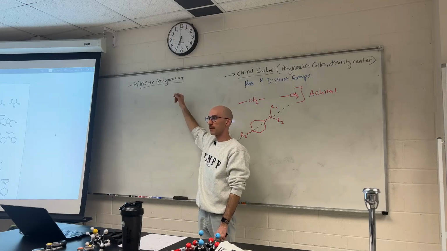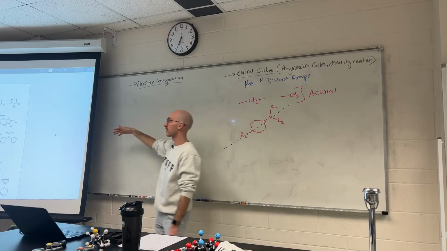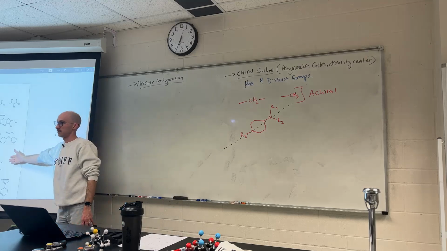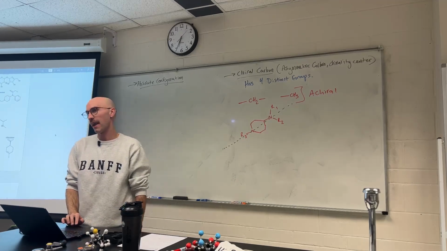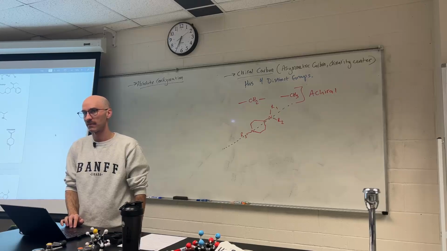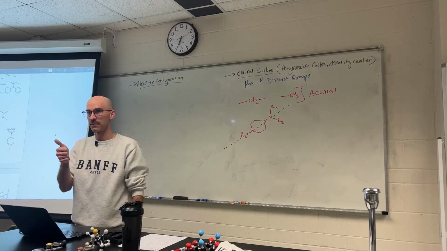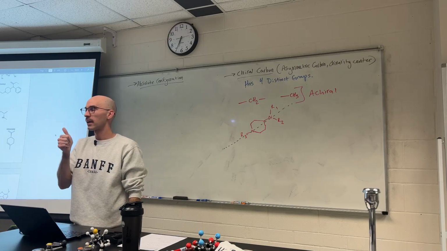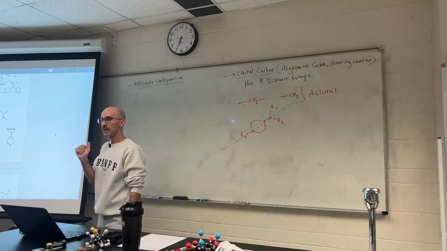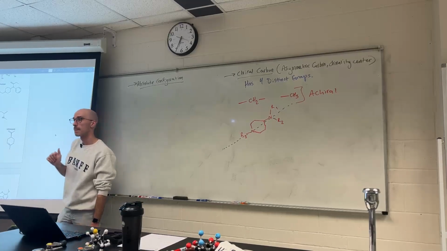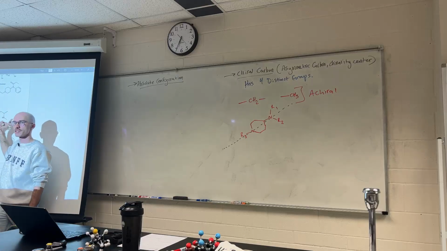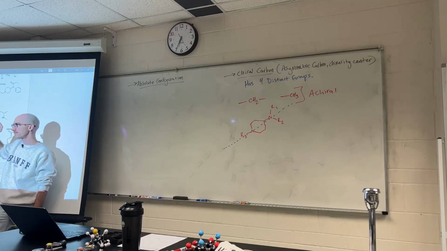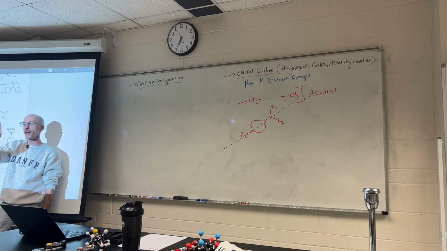A very cool example of this is this molecule. Do any of you know it? Yeah, it's methamphetamine. Highly addictive in one configuration. How many chiral carbons in methamphetamine? Just one.